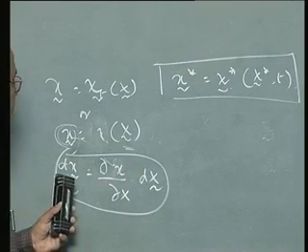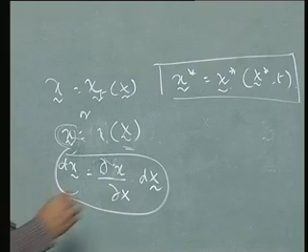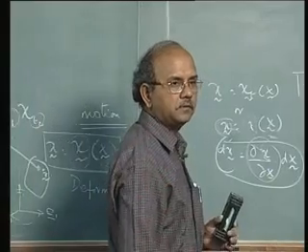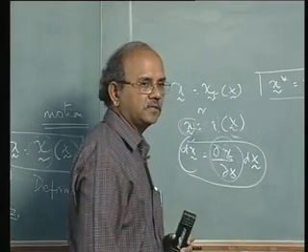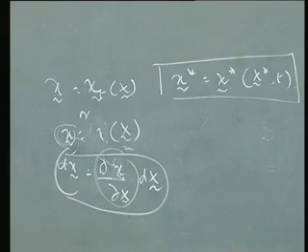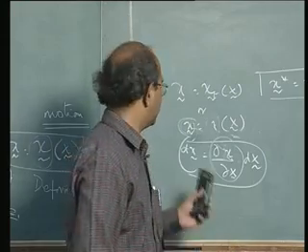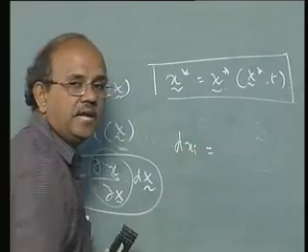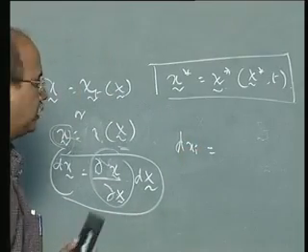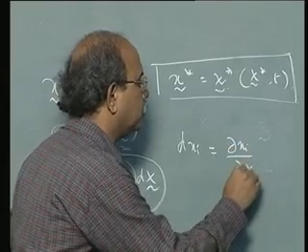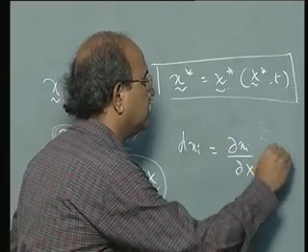Look at that quantity, dou small x by dou capital X. In order that you understand this quantity, let me write this down in indicial notation. dx_i is equal to dou x_i by dou X_J dX_J.